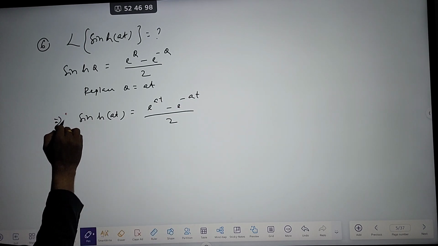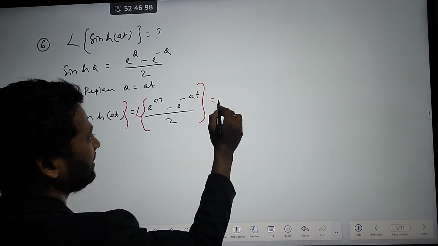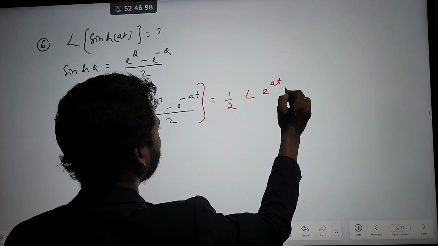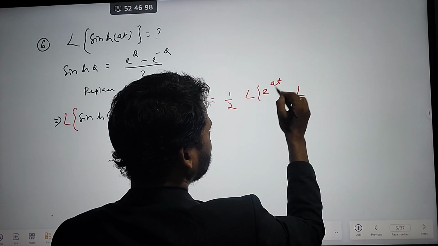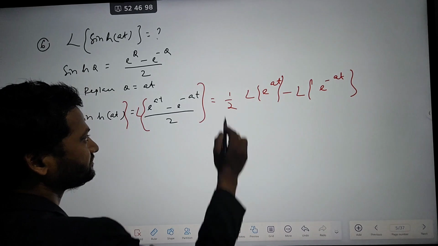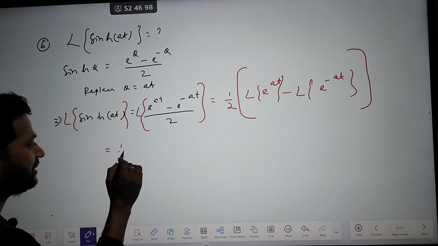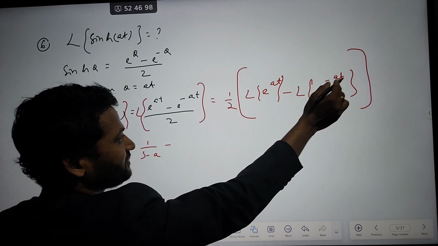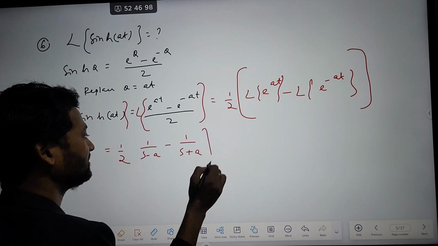Now we can take Laplace of LHS and RHS. So here half will be constant, it comes outside, then Laplace of e to the power at minus Laplace of e to the power minus at, and give the bracket. So now tell me, half Laplace of e to the power at is what? 1 by s minus a, minus Laplace of e to the power minus at is what? 1 by s minus of minus a, meaning s plus a.